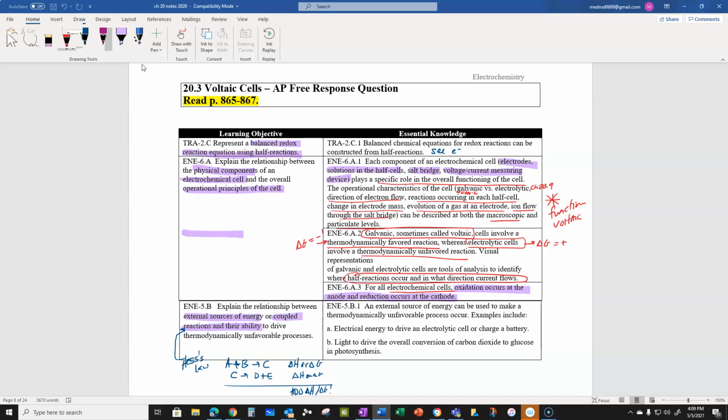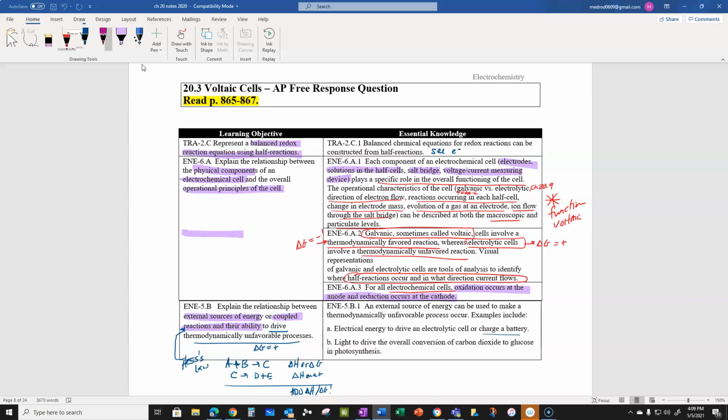How do coupled reactions drive the thermodynamically unfavored process? Okay, so unfavorable. And we know unfavorable would mean that delta G would be positive. An external source of energy can be used to make a thermodynamically unfavored process. And examples are electrical energy to drive an electrolytic cell or charging a battery.